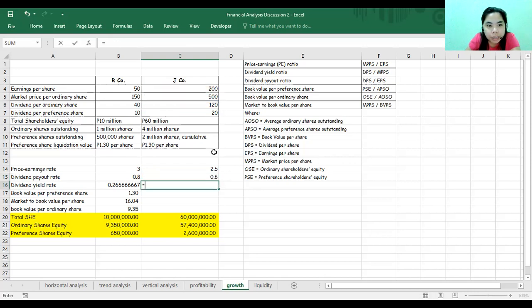Dividend yield, the dividend we paid divided by the market price, so it's 24.24:1. Book value per preference share, we have preference shares equity divided by 2 million shares, it's 1.3. They have the same book value per preference share.